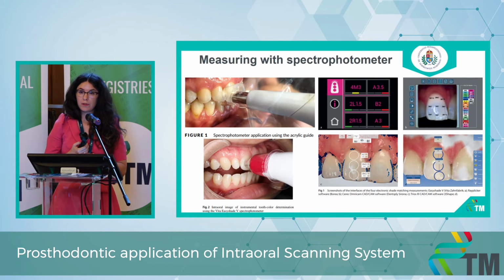The problem with the spectrophotometer that also we can use them as a gold standard because in the industry they are very accurate. But the problem with the intraoral use is that we have only a small point measuring part where the device can measure.